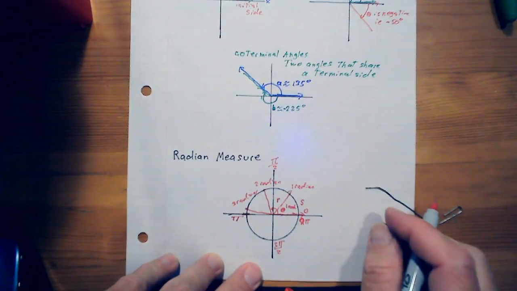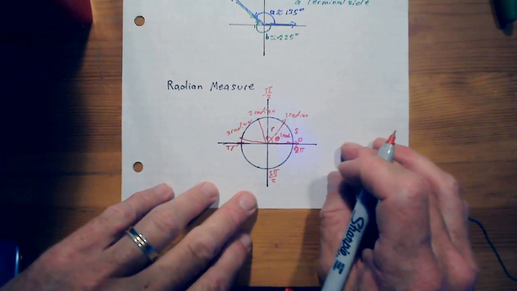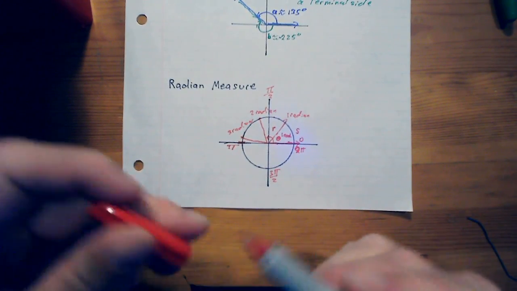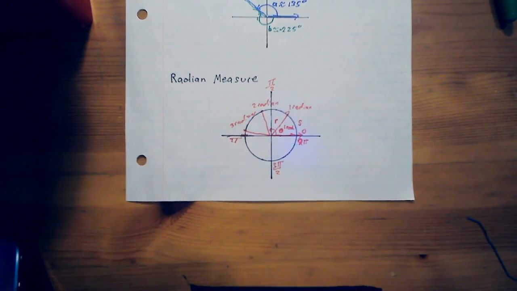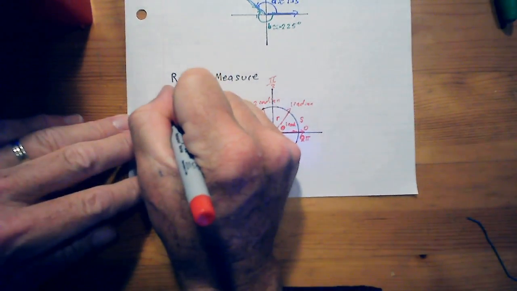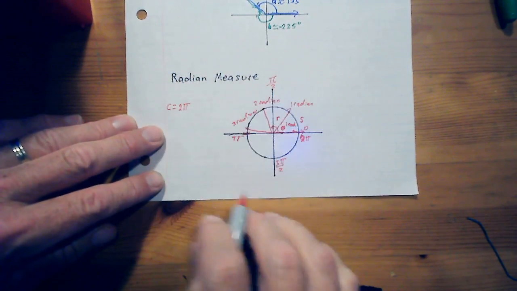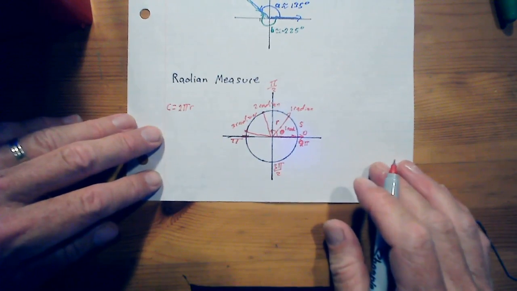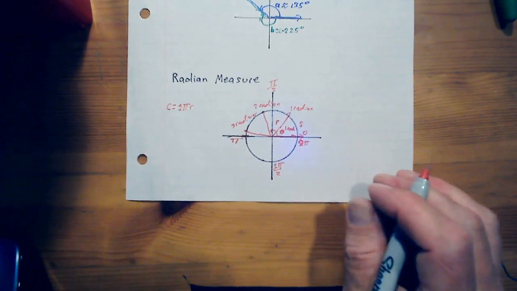They're coterminal angles. A 0 radian angle and a 2 pi radian angle are coterminal. That's where the circumference of a circle comes from, right? Circumference equals 2 pi r times the radius. That's how you get the circumference of a circle. All the way around a circle is 2 pi.